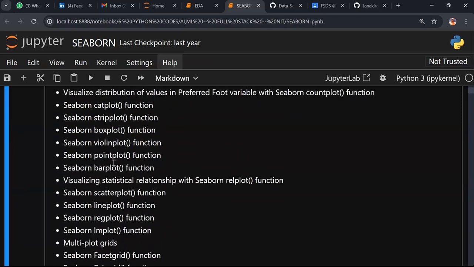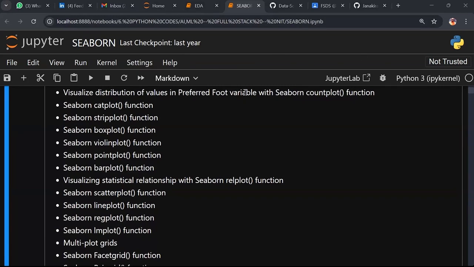If you complete these graphs, then matplotlib is finished, Seaborn EDA is completed, Seaborn is completed, and data analysis and business analysis are covered. Guys, do you understand?